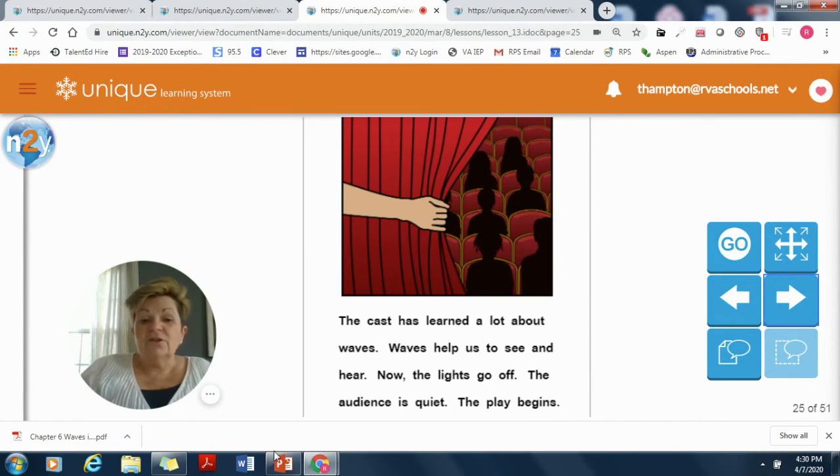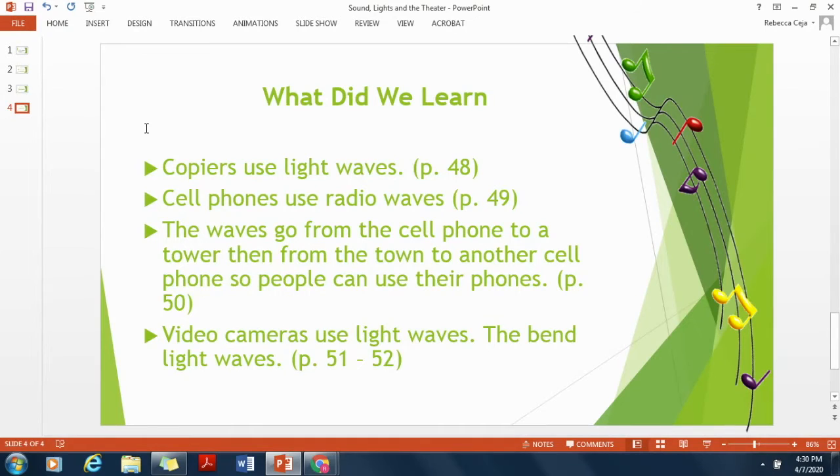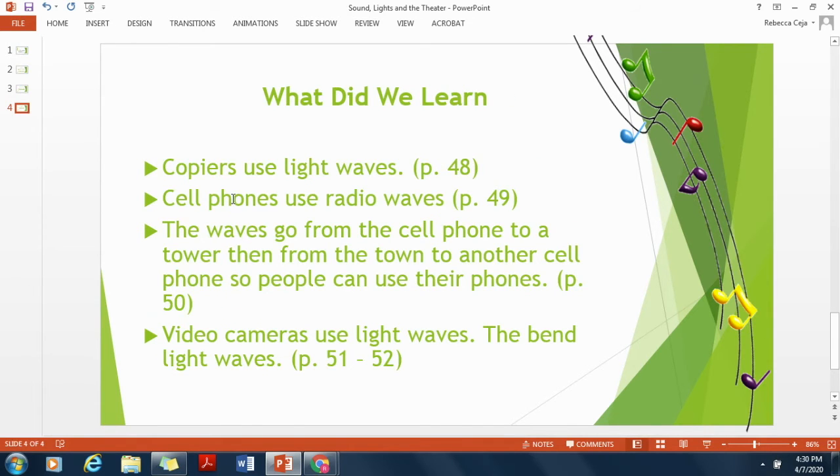Very good. So now let's take a look at our KWL chart and let's see what we did learn. Copiers use light waves. That was on page 48. Cell phones use radio waves.